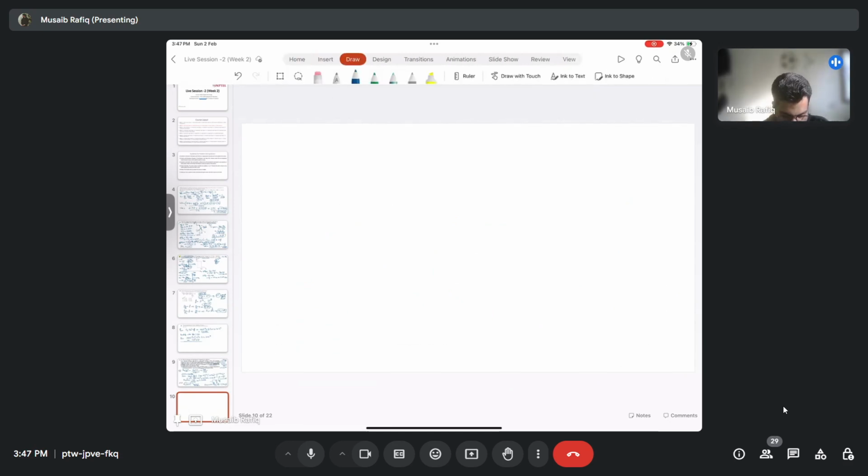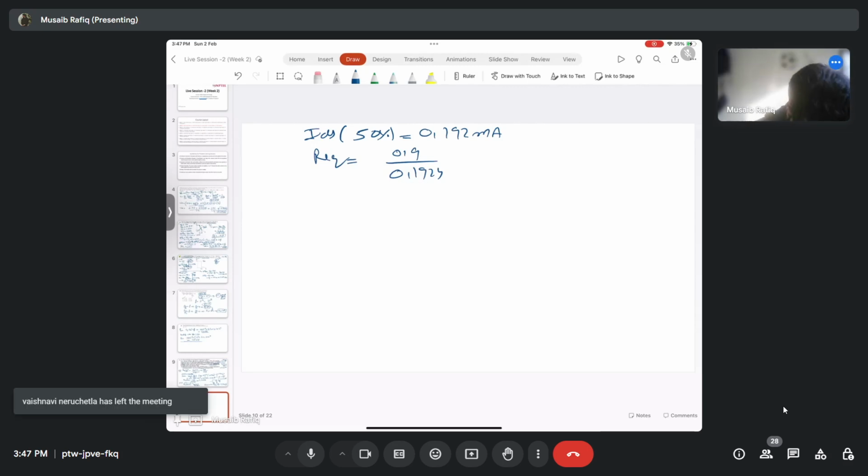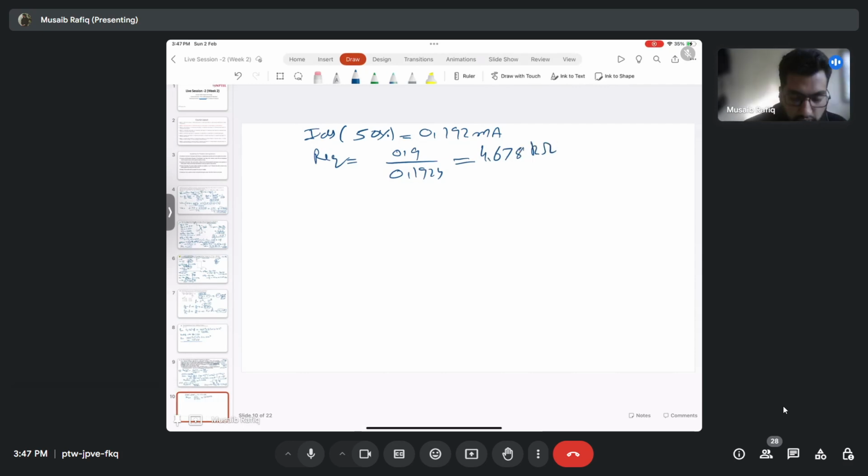So IDS at 50% will be equal to 0.192 milliamps, and R equivalent will be equal to VDD by 2 divided by 0.192 milliamps. That is how much it comes out to be, 4.678 kilo ohms.